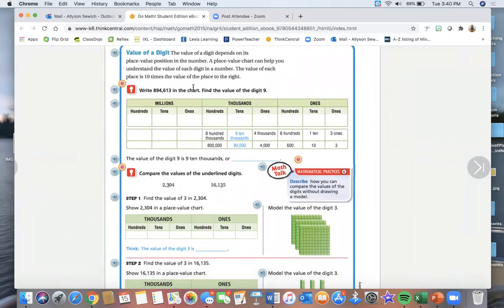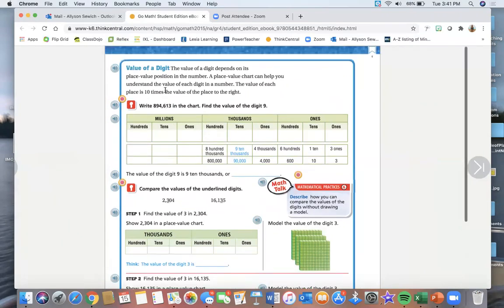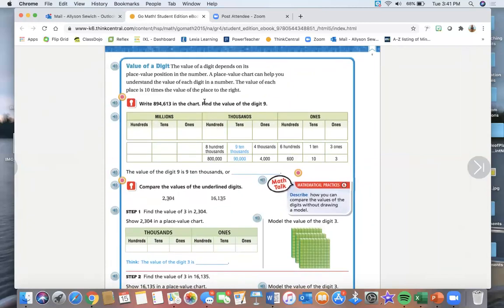All right, so it's telling us to write 894,613 in the chart, and we're finding the digit of 9. I'm going to write the number here to help us understand.